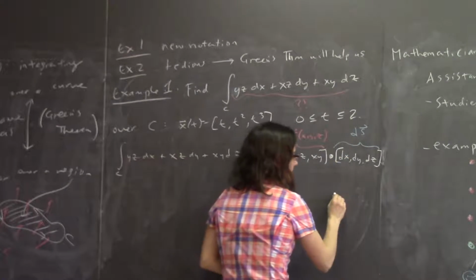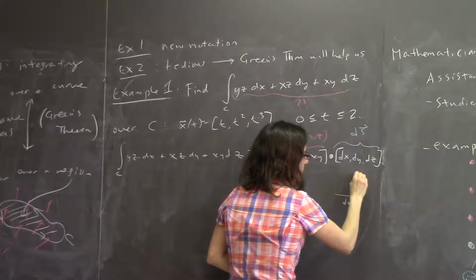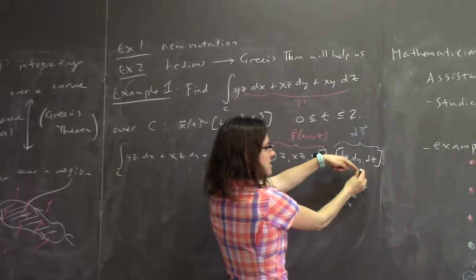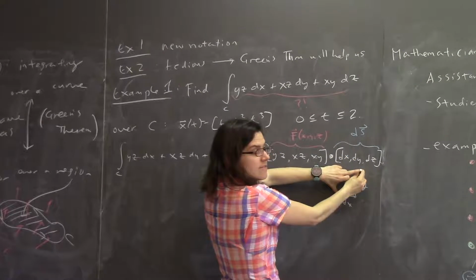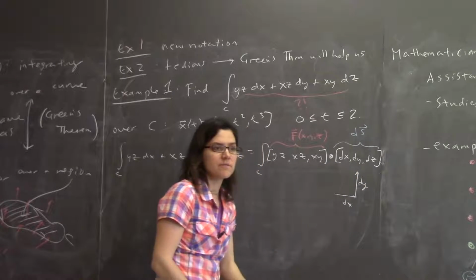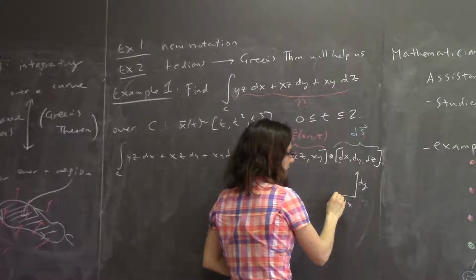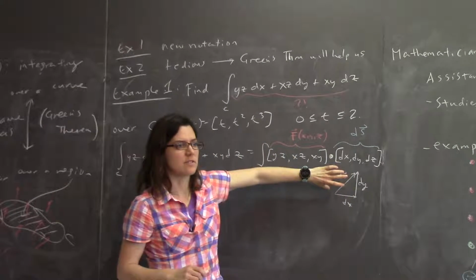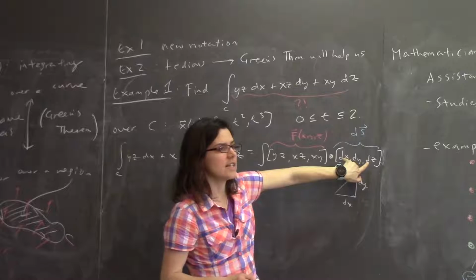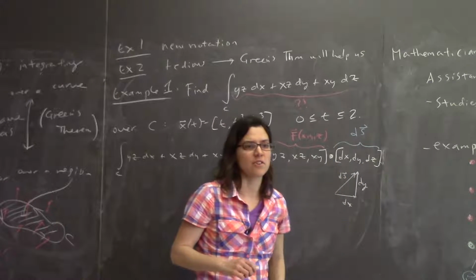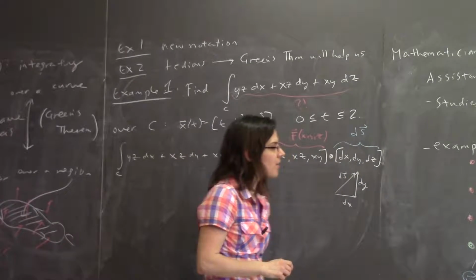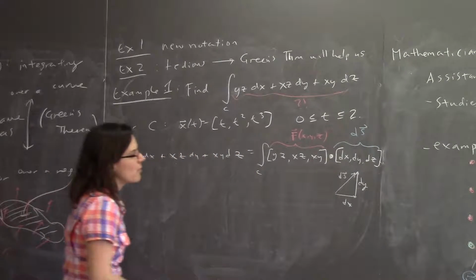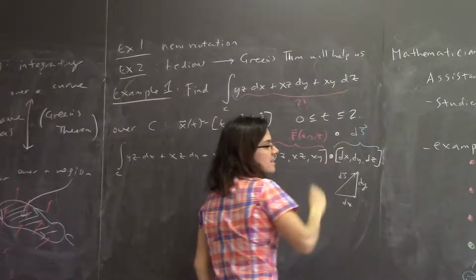So for instance, if here was dx, and here's dy, and then coming out of the board is dz, then that's just this little tiny vector in the direction of the curve. If it was just dx, dy, then ds would be the diagonal. I can't draw it into the third dimension, but that's the idea. This is a little infinitesimal piece of direction in the direction that you're going along the curve. So the long and short of it is that it just means the same thing that we've been doing before. It's F of x, y, z dot ds.